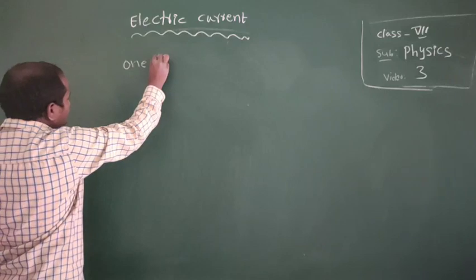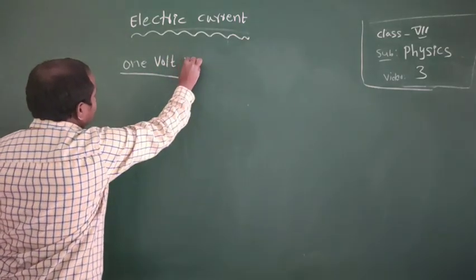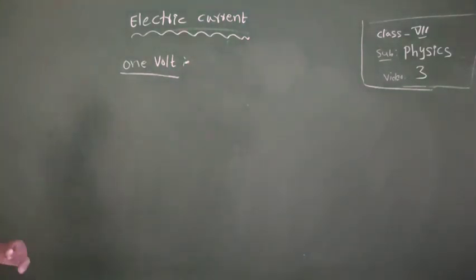1 volt means the amount of work done is 1 joule.